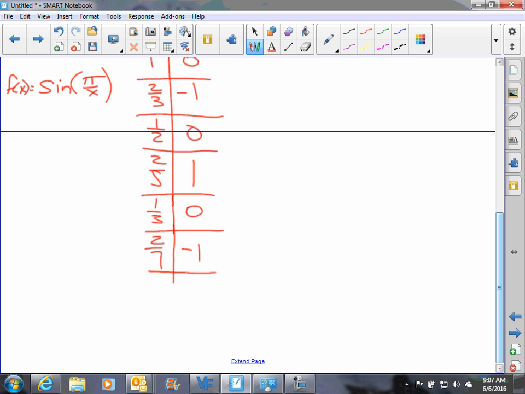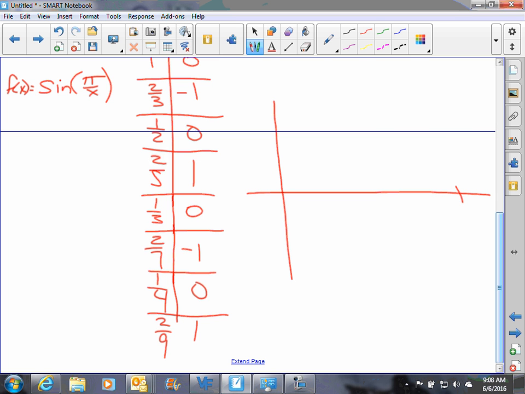Let's do 1/4. We get 0 again. And how about 2/9? We'll stop at 2/9. The sine of pi divided by 2/9 is the same as the sine of 9 pi over 2, which is 1.